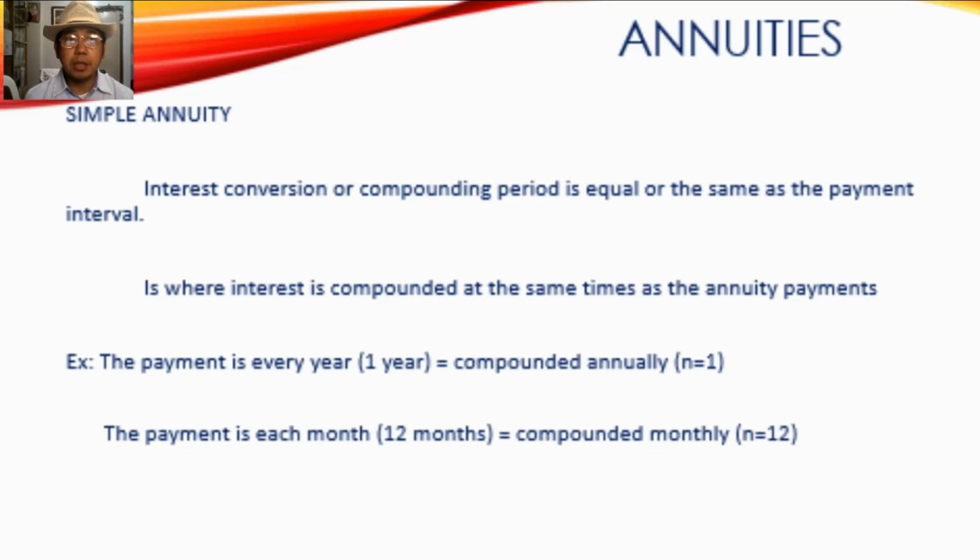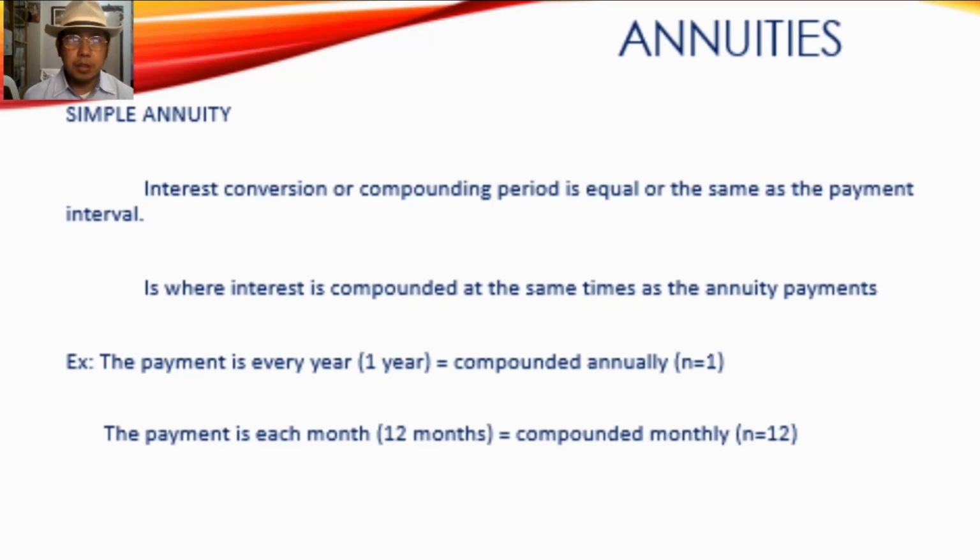Because you will be paying monthly. Now what about the application of the interest rate? The interest rate is compounded monthly, meaning to say every month there is the application of the interest rate.